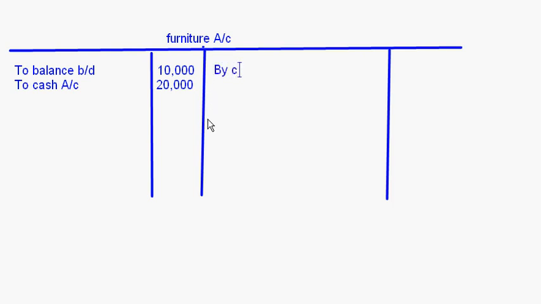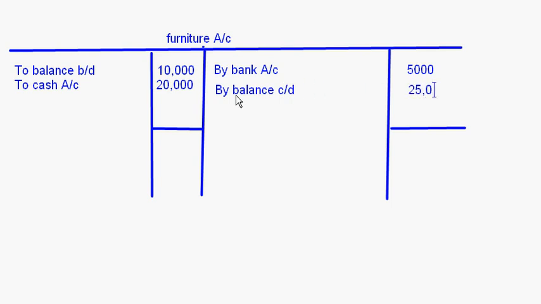And here let's say by cash or by bank account, let's say 5,000 rupees, right? Now here you see, this is by balance brought carried down, 30, this should be 25 here.